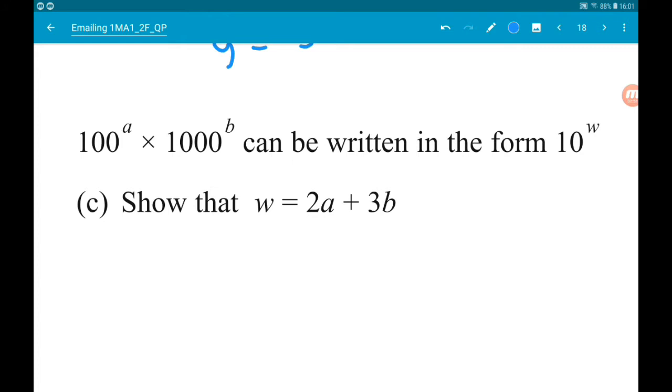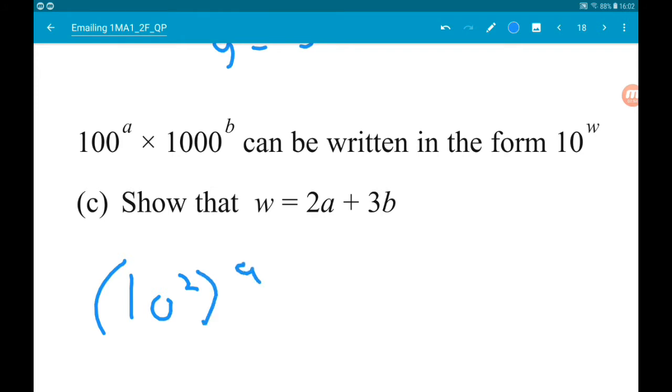So, to do this, we need to turn 100 to the power of A and 1000 to the power of B into powers of 10. So, 100 is 10 squared. So we can write 100 to the A as 10 squared to the power of A.